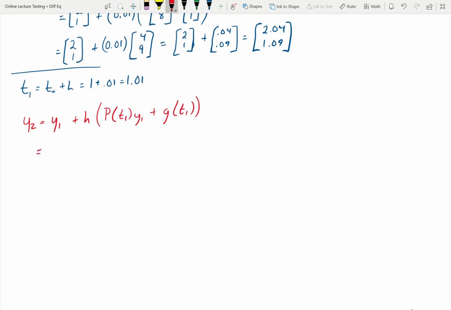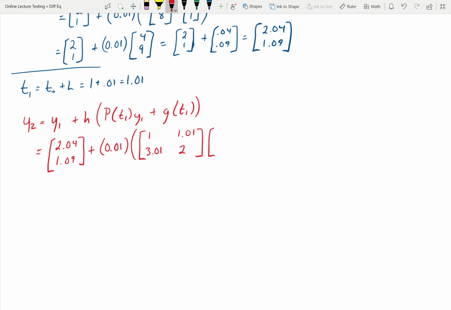All right, y1 we found out was 2.04, 1.09, plus h, which is 0.01, times our P of t1, which in this case is going to be 1, 1.01, 3.01, and 2.